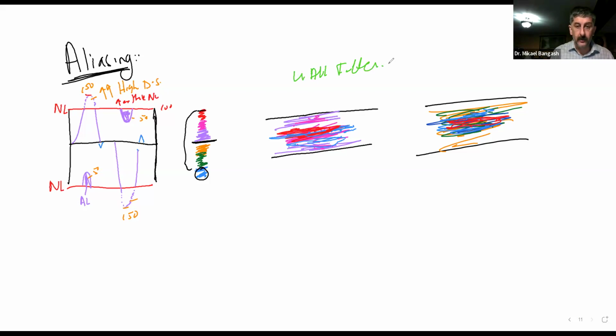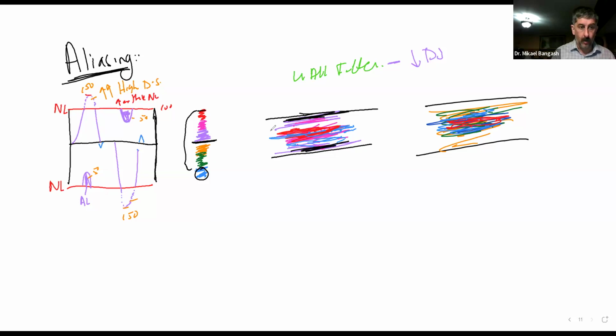It would only remove the low Doppler shifts, which in this case would be, let's say, the purple color, because that was our low Doppler shift.